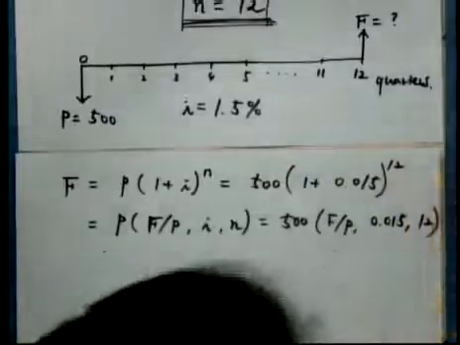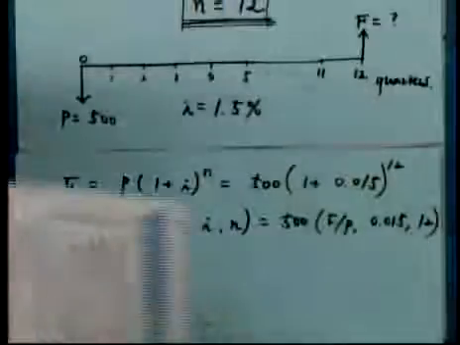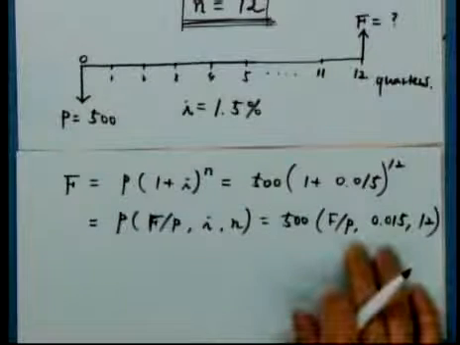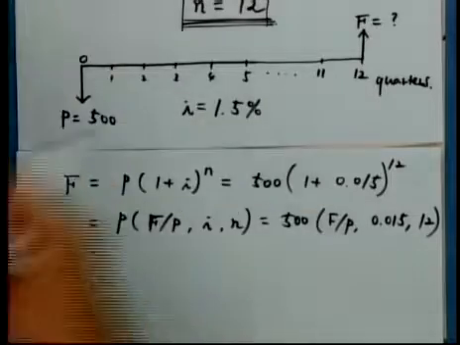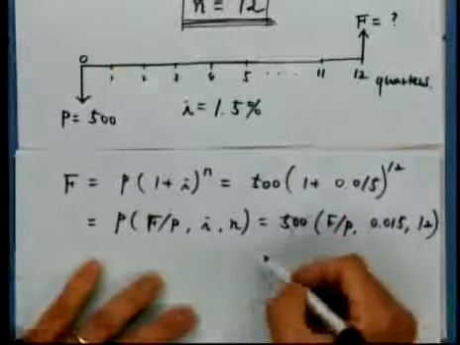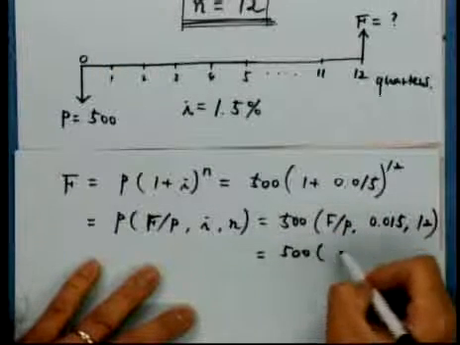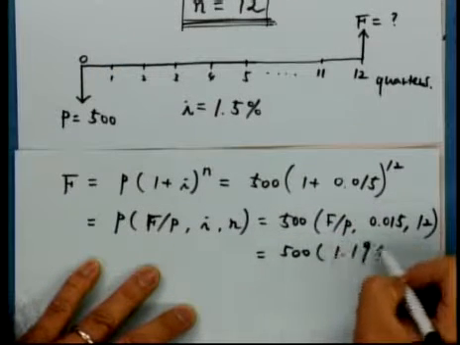Again, using the Appendix B, we can get this factor value. So we are looking for 1.5% and F given P over 12 quarters, so it's going to be 1.196. That's the factor value.